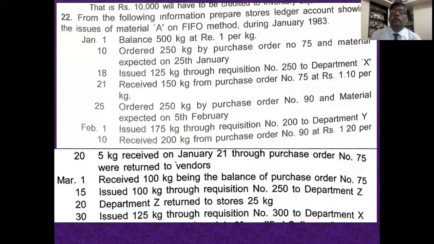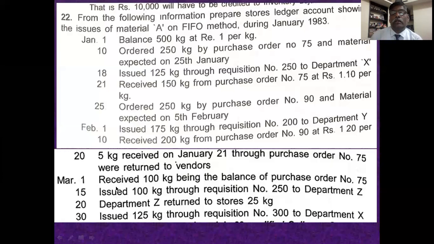Otherwise, issue at FIFO method. This is the point. Return to vendor is to be recorded in the issue column, and blindly looking at the word received, don't enter in the receipt column.